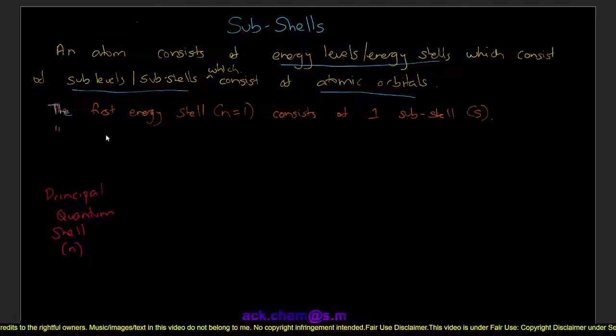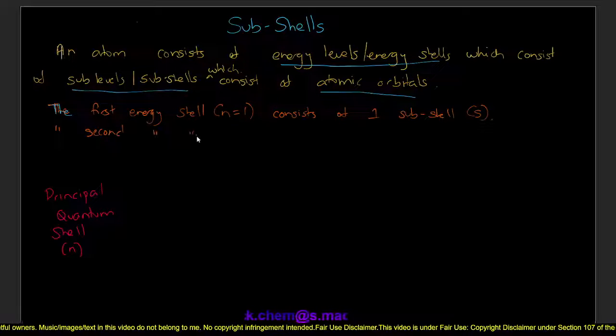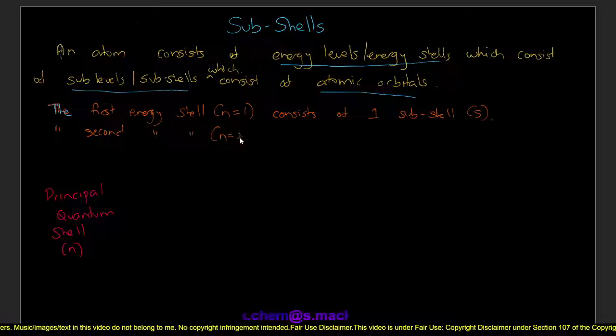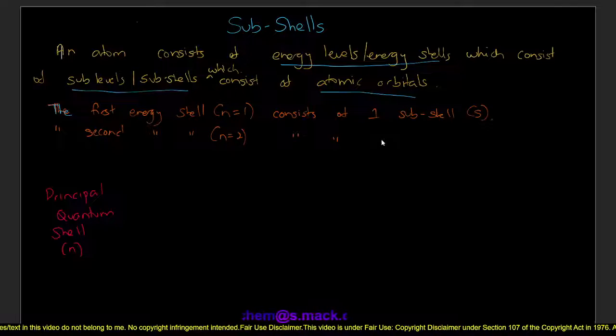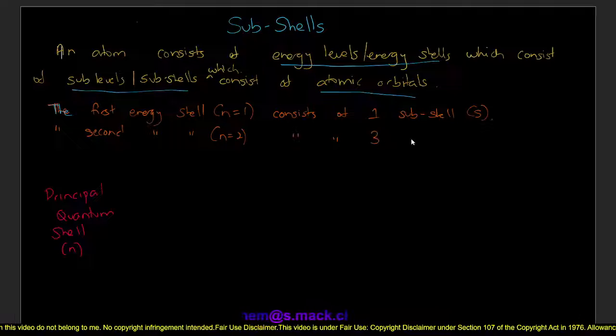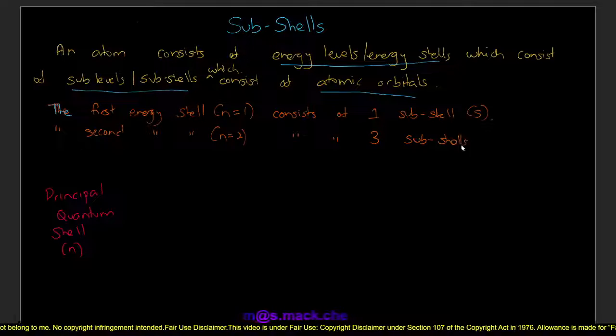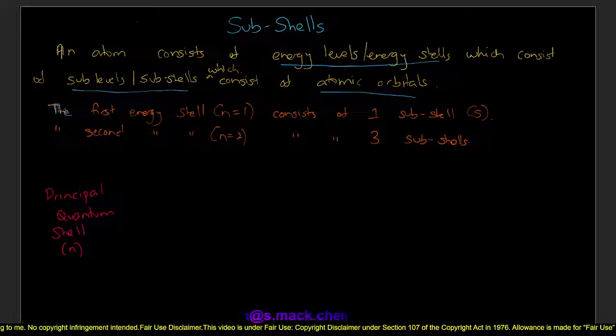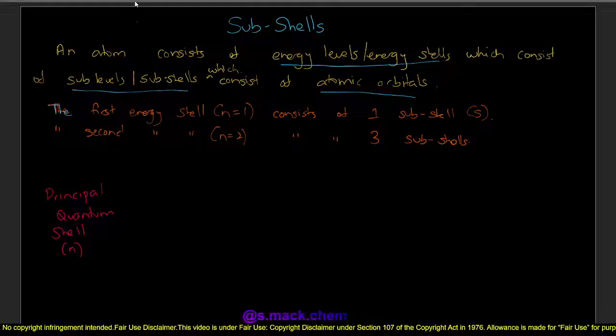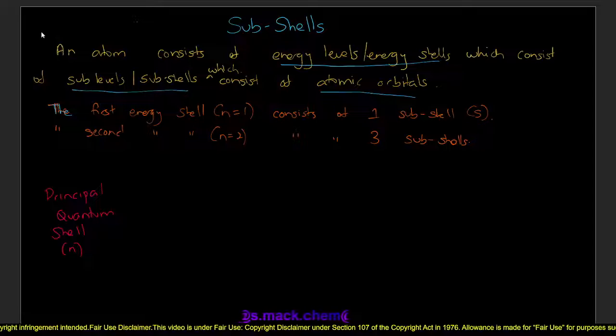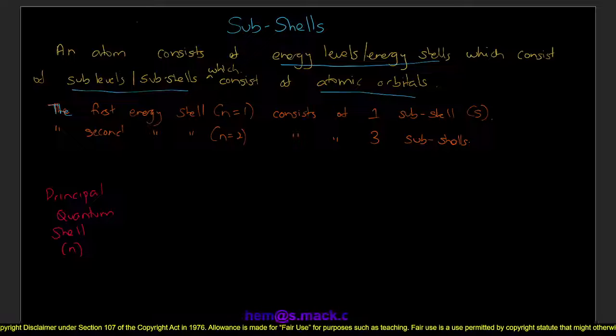We say that the second energy shell, right, this is the one with principal quantum number 2, consists of 2 subshells.